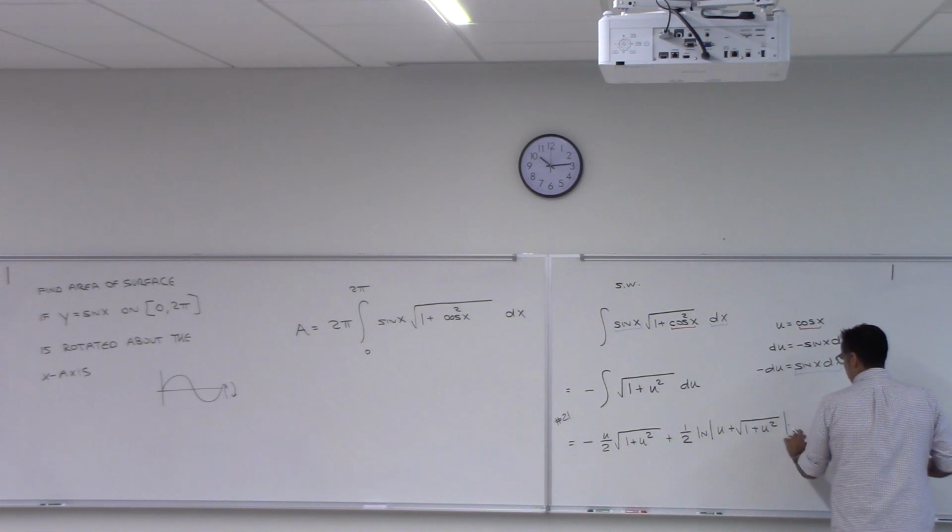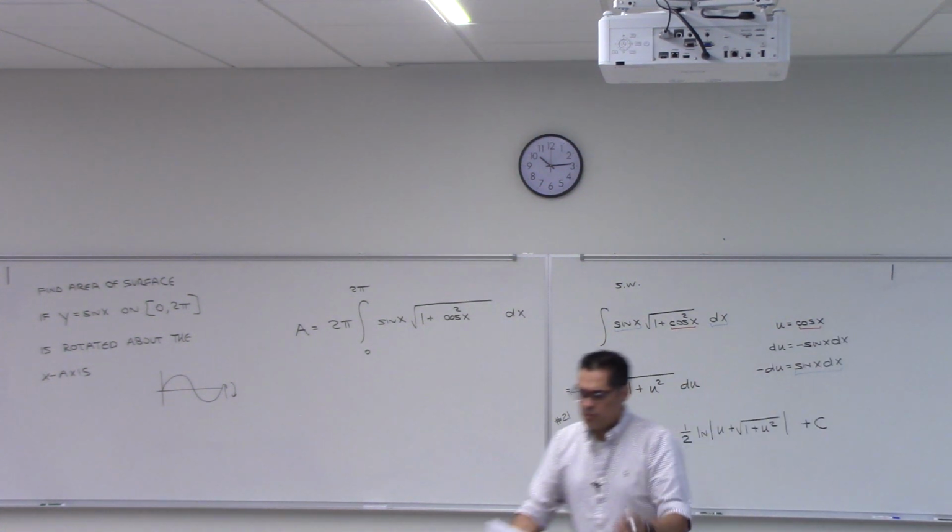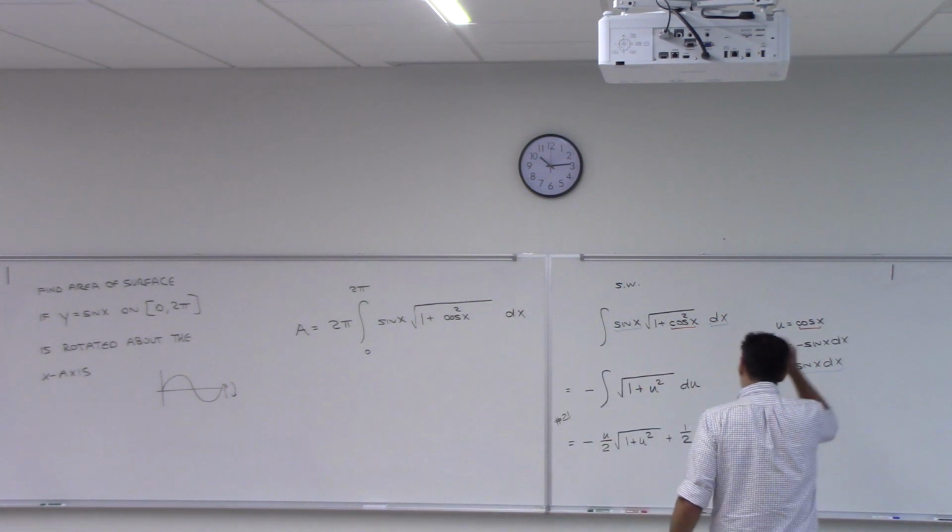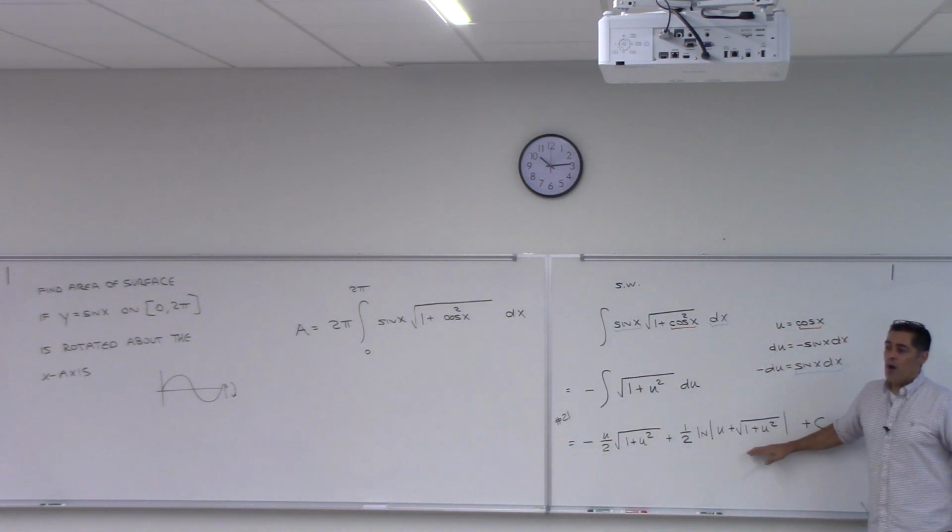They don't have the absolute value on there. That's okay. Plus c. That is formula 21 with a being 1.